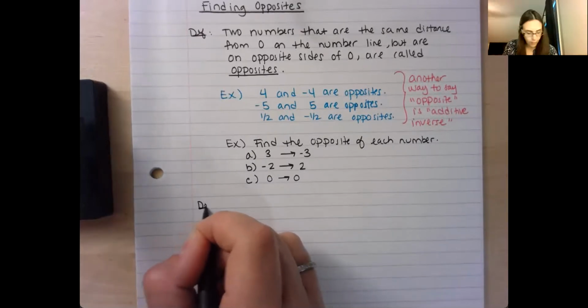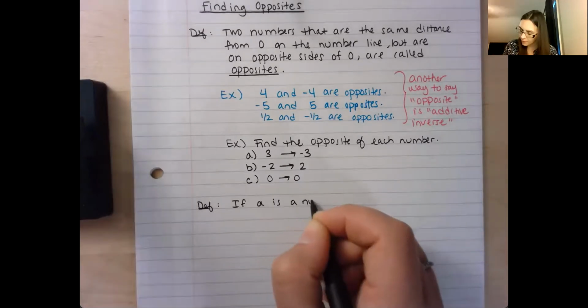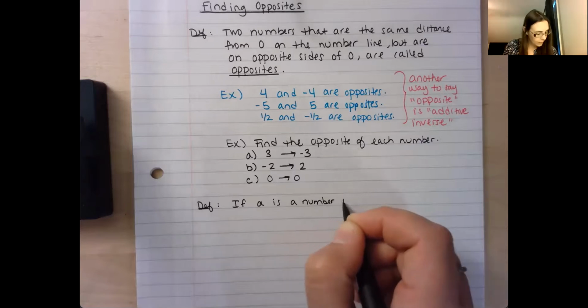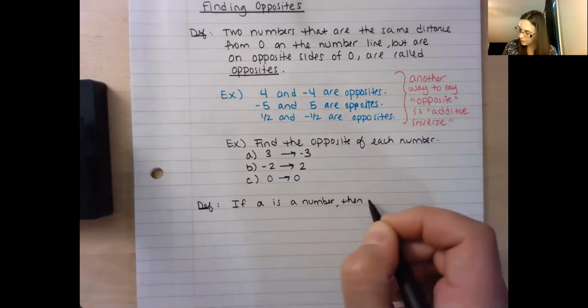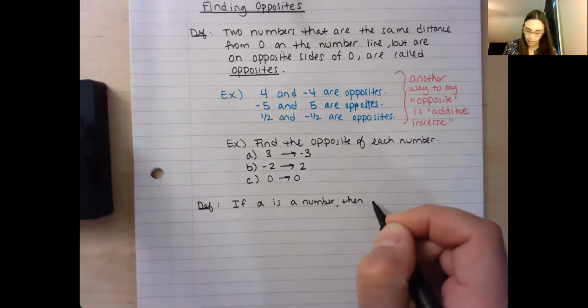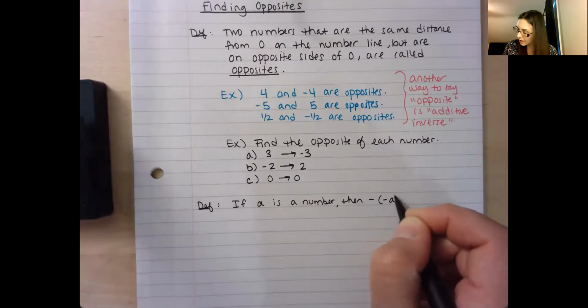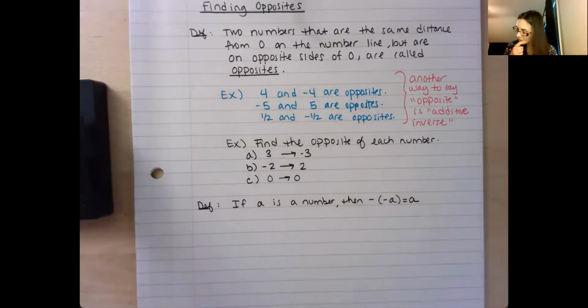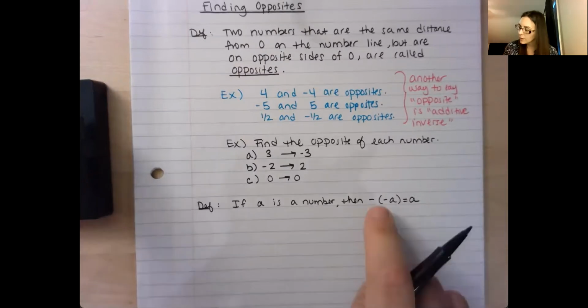More formally, sometimes we will write this: if A is a number, then negative negative A becomes A. What's happening here is you have two negatives.